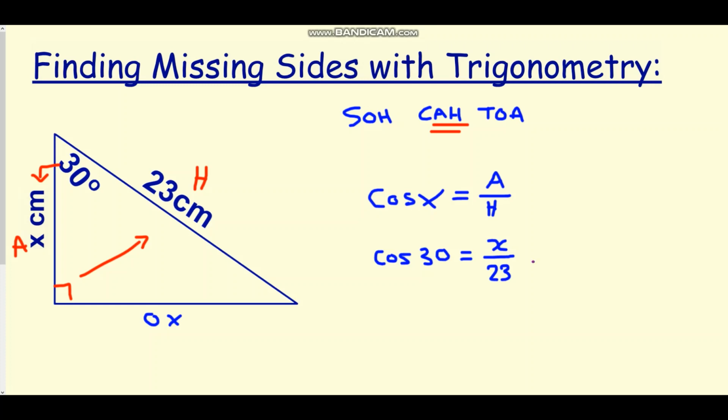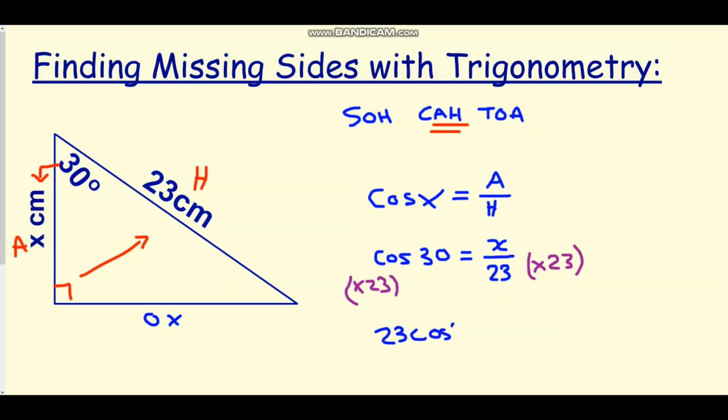Same as before, we're going to multiply both sides by the number on the bottom of our fraction, the denominator, to get rid of it, and we'll just get 23 times whatever is on the left-hand side of our equation instead. So 23 cos 30s.